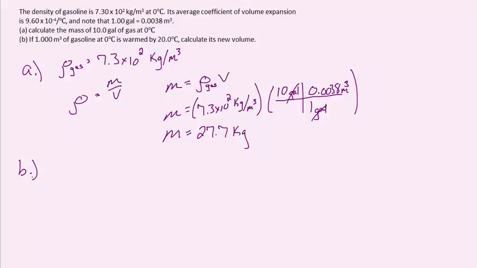And in part B, we're asked if 1 meter cubed of gasoline is at a temperature of 0 degrees Celsius and is warmed by 20 degrees Celsius, calculate its new volume.